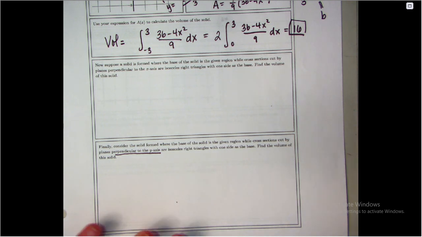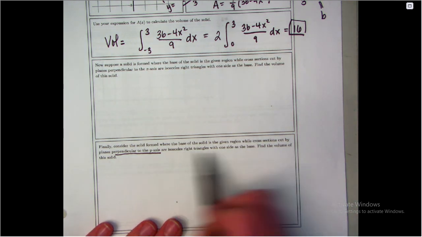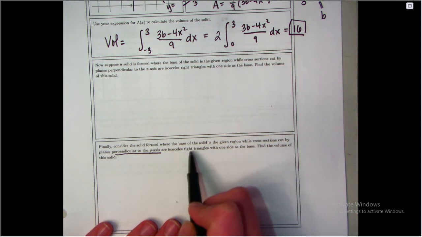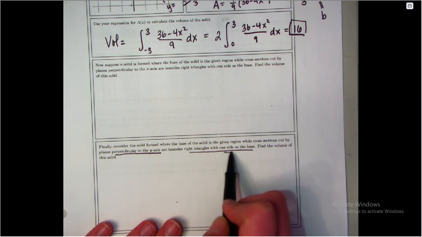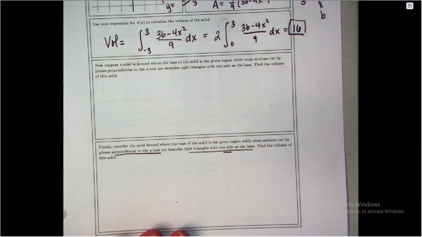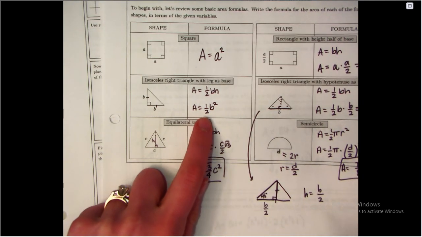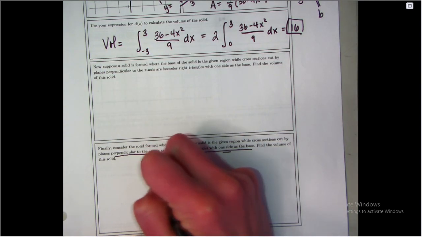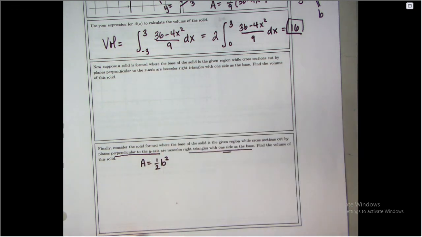And this time also, each of those cross sections is a side, not a hypotenuse. So that means we are dealing with the other formula, 1/2 base squared.